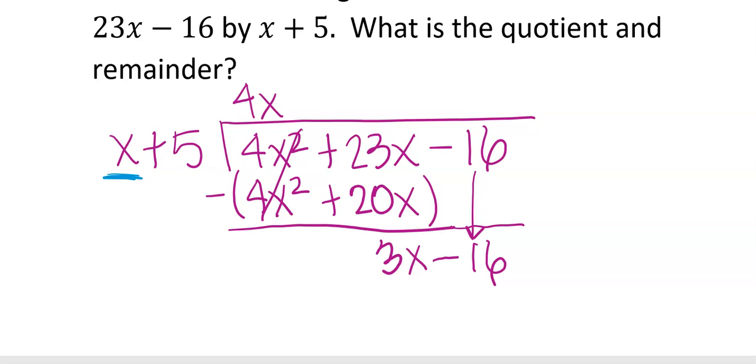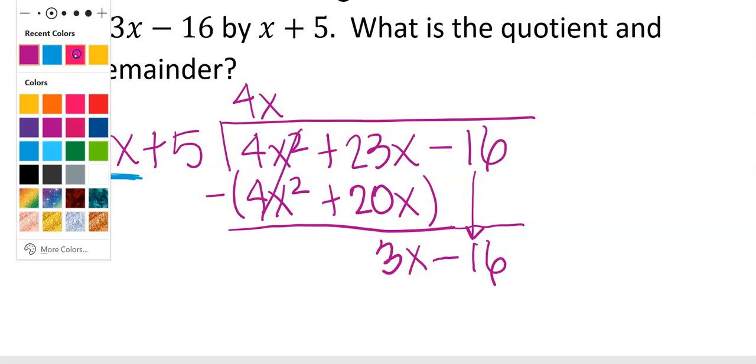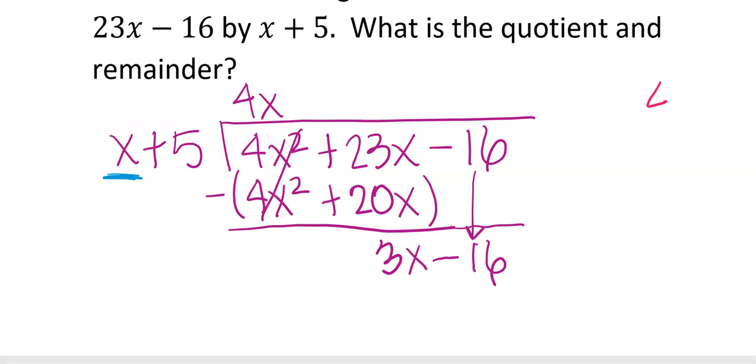Why is there 4x on the top? 4x squared divided by x. So x times 4 would give you the 4. x times x would give you x squared. And you could look at it like this too, if this helps. Let me change colors for a second. You are dividing 4x squared by x.